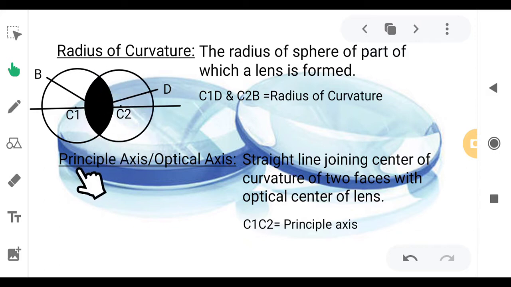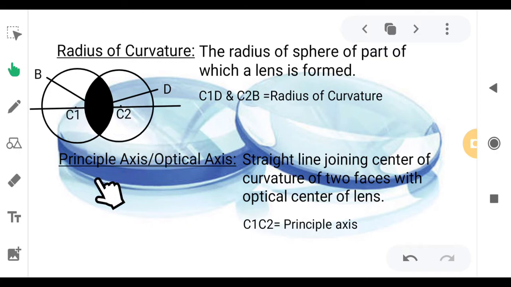Next one is principal axis or optical axis. What is principal axis? Straight line joining center of curvature of two faces with optical center of lens. Means the lens has an optical center. We will discuss this later on. The optical center and center of curvature are joined by this line.